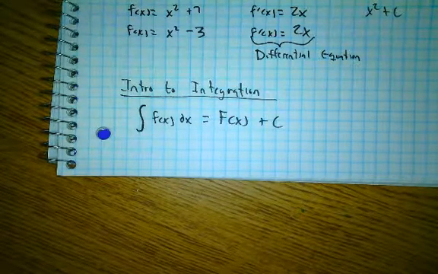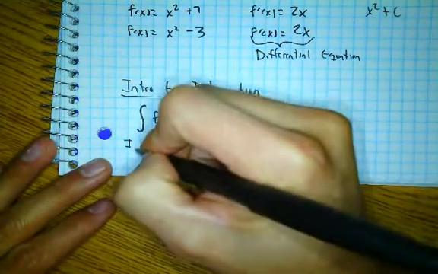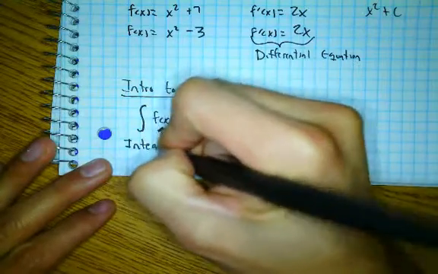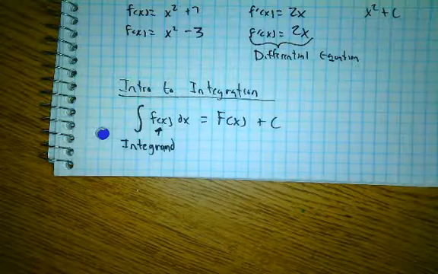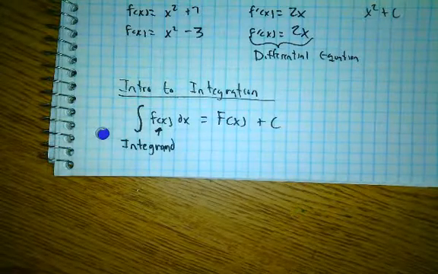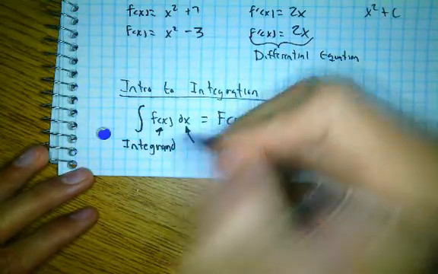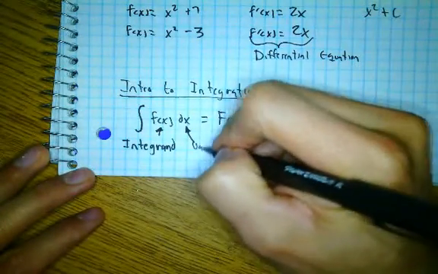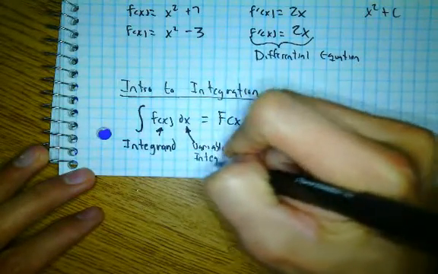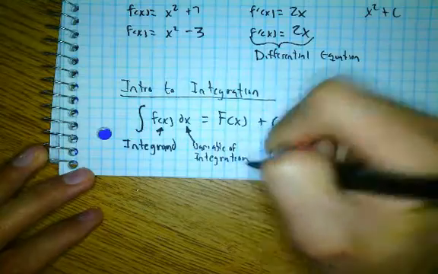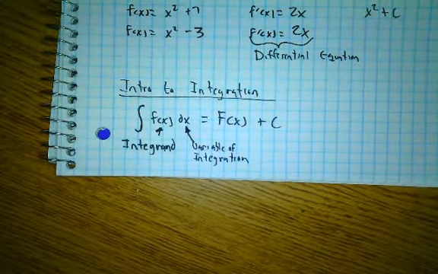This part right here, the f of x, is called the integrand. This dx right here is necessary because it tells you what the variable of integration is. So that means we're integrating with respect to x in this case.